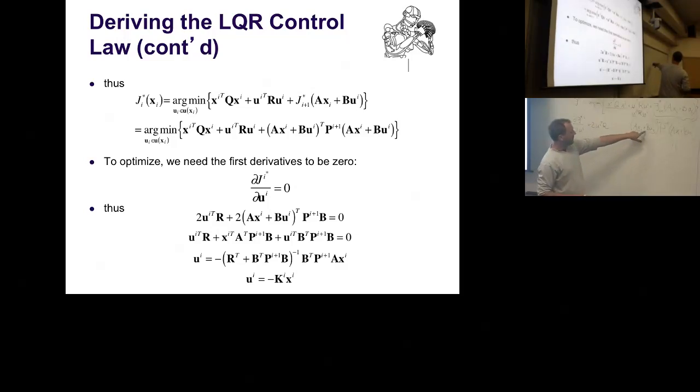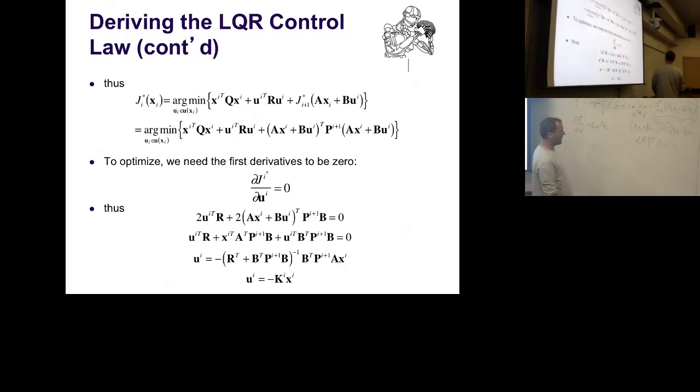Now, the next part is the stuff in here. So we have multiple terms. You have to multiply this out, which is annoying. So these terms, get rid of this, is going to be x_i, and this is A transpose, so I have to bring the transpose in. A transpose times P_i+1. You see, this is kind of messy to write in the end. And multiplying this term, A x_i.